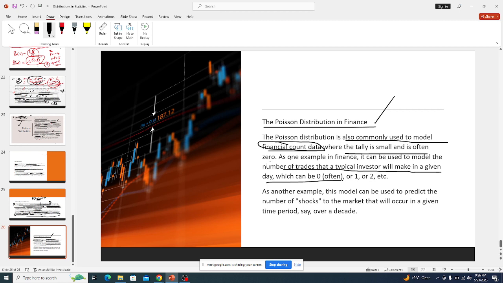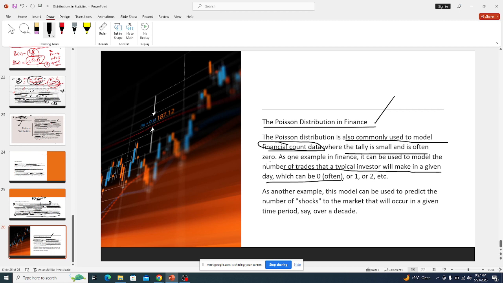Or if you are a gambler, you are used to betting. So with your historical data, we can model your gambling behavior, like the number of bets you can place within a day, or within a week, or even within a month.